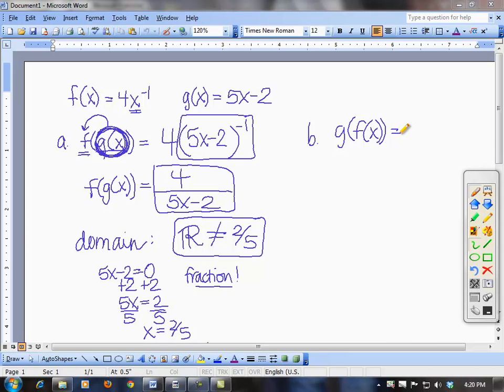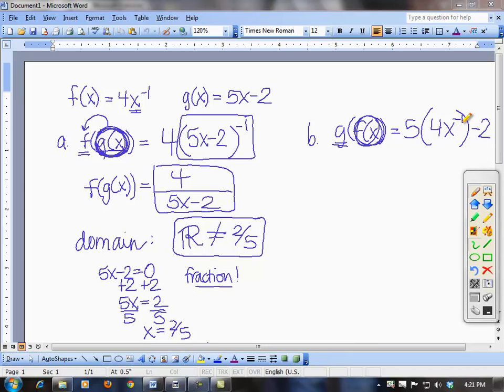And I'm going to take it the second way in wording. I'm going to start with a g, and where I see the x, I'm going to put parentheses. Inside of g is the function f. F is on the inside, so 4x to the negative 1 is also on the inside.